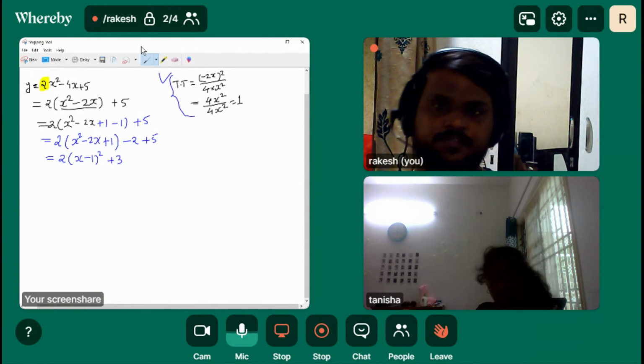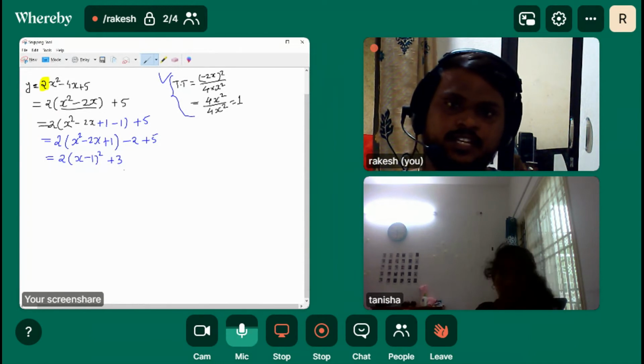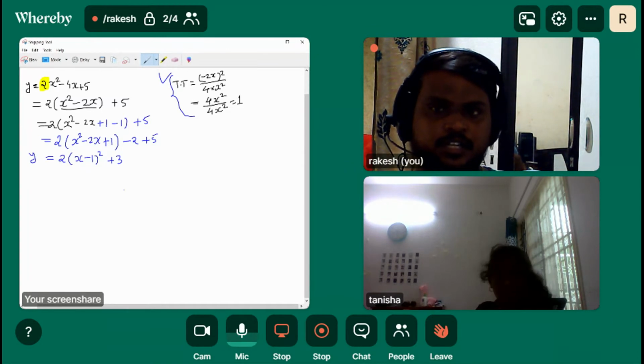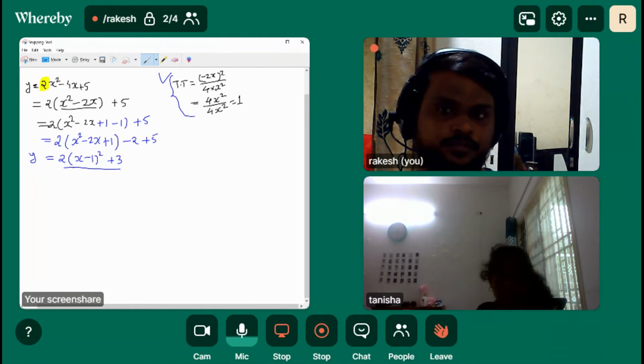Yeah. Okay, fine. So once you get this complete square, now a lot of work has been done actually. This equation itself gives you a lot of things. If you set the bracket term equal to 0, that will give you the line of symmetry.